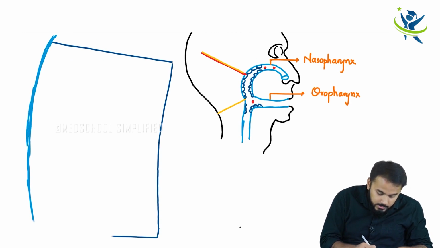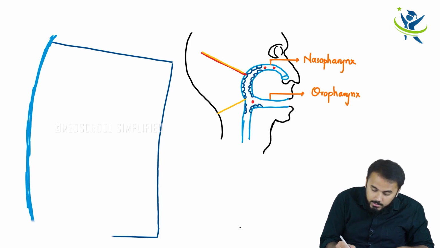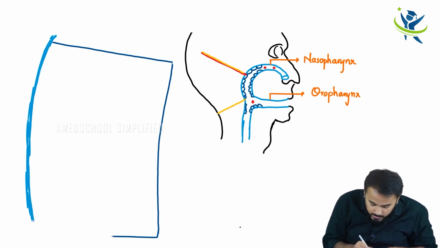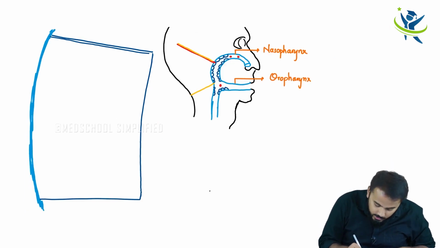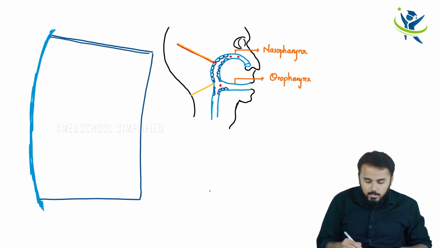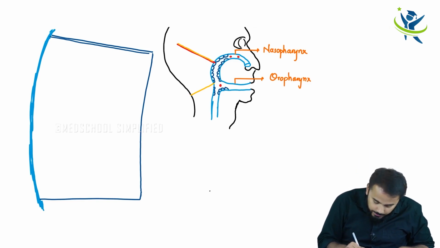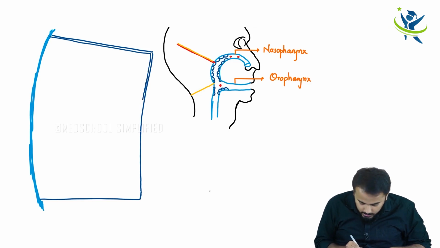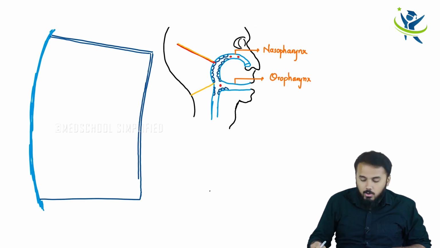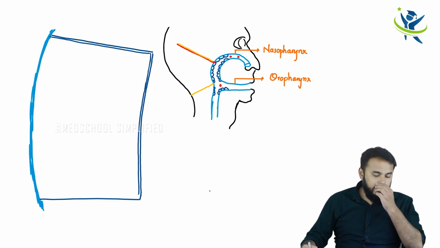So this is the base, and onto this base there is attachment of this particular cell. So this is your mucosal cell like this, right? So this is your epithelial cell. Where is this epithelial cell located, guys? This epithelial cell is located on your nasopharynx or oropharynx.